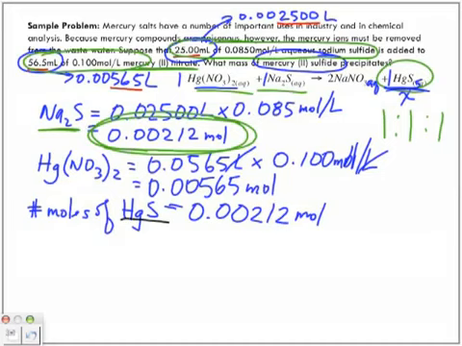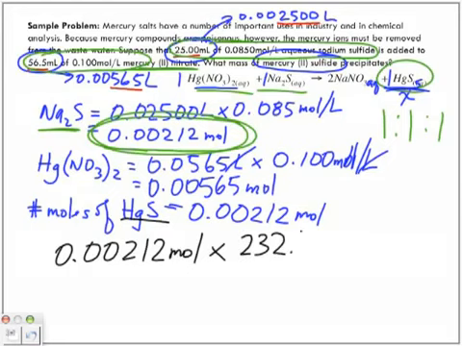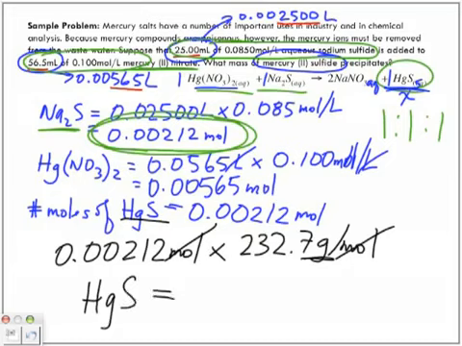We take the number of moles, 0.00212 moles, and multiply it by the molar mass of the mercury 2 sulfide, which is 232.7 grams per mole. Moles cancel out, and I'm left with grams. So therefore, the mass of the mercury 2 sulfide is 0.493 grams. The least number of significant digits in my question is 3, so I want to make sure that my answer also ends with 3 significant digits.